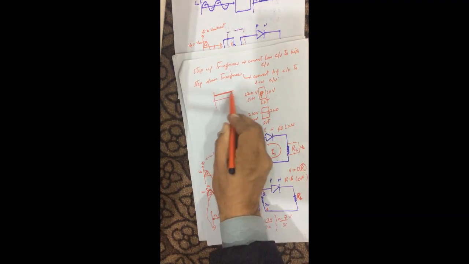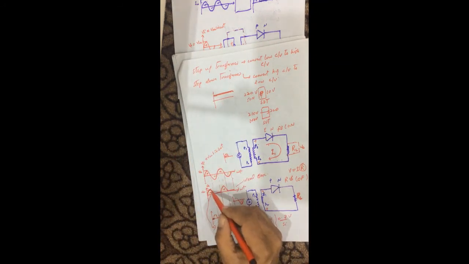It contains both AC component and DC component. DC component because it's unidirectional and the current is always flowing in this direction, from this terminal to this terminal. But DC current should be constant. So here it is not constant because it contains the AC component of the current.